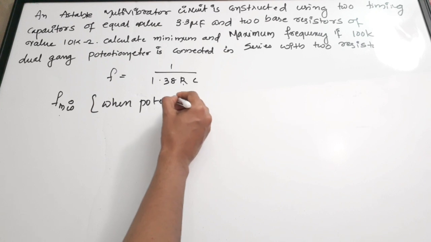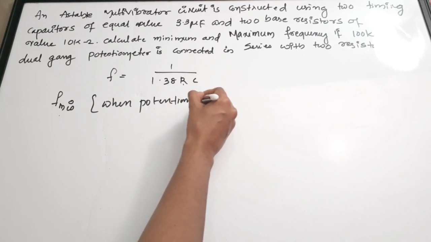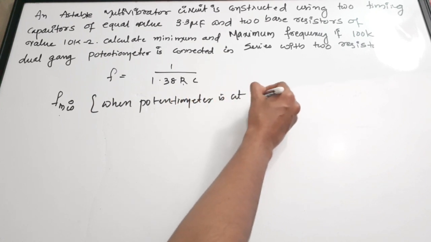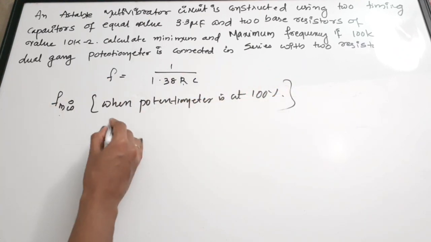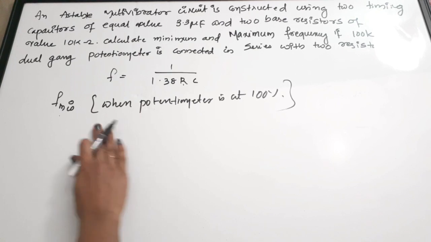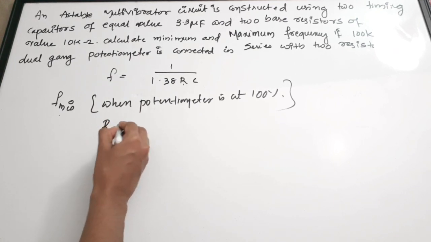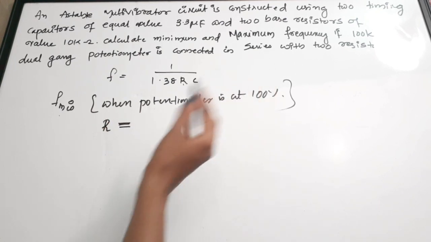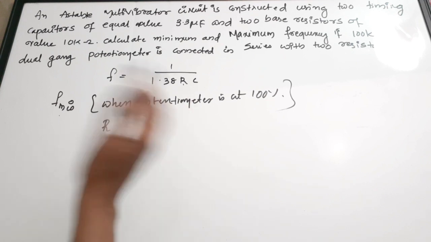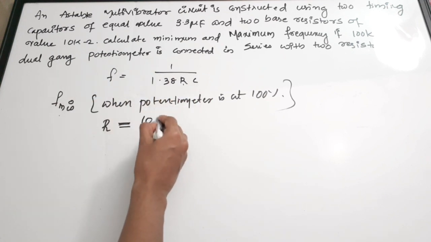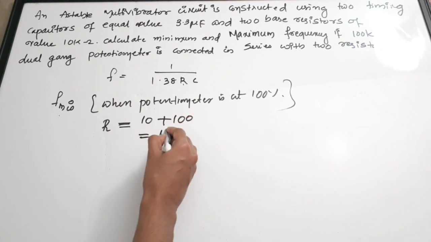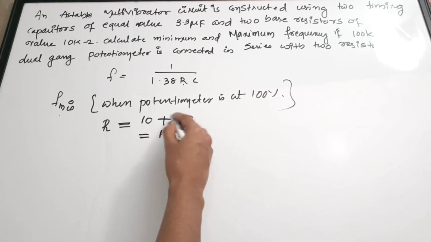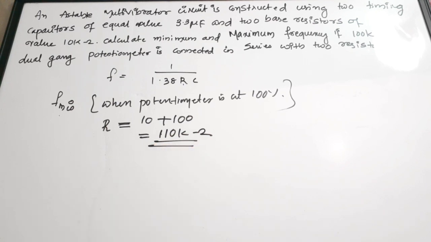So when the potentiometer is at 100% or maximum resistance value, we'll get our F minimum. Before finding F minimum, what will be that resistance at that time? Maximum resistance will be the sum of these two, 10K plus 100K, which is equal to 110K ohm.